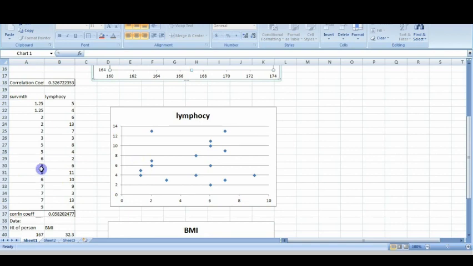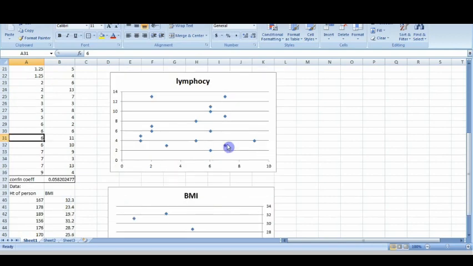Here is another example taken from the same data which I was explaining at the time of dispersion: the survival in months in the multiple myeloma study and the lymphocyte variable. If you plot these two variables in a scatter plot, you get this kind of picture.